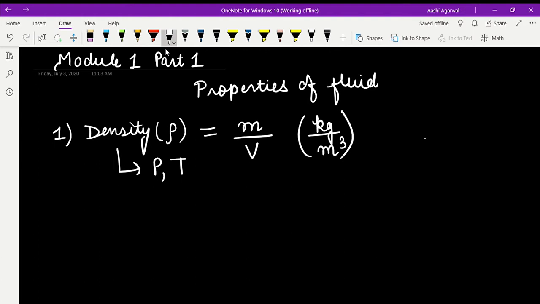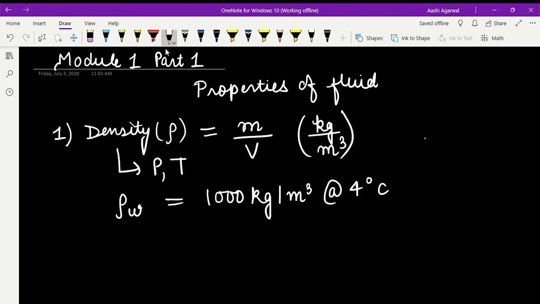For some of these standard fluids like air and water, the density of water, which I can denote by rho W, is 1000 kilogram per meter cube at the standard temperature and pressure conditions. So at 4 degrees Celsius and 1 atmospheric pressure, this is the density of water.